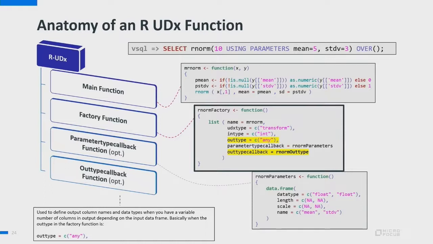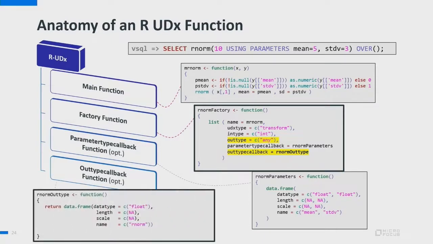As an output type, you specify any, and then you add the reference to your output callback function. The output callback function can define your output column. This is exactly the same single column that was defined previously. But if, for example, your UDX should return 2, 3, 4, 5 columns, depending on the parameters you're passing to your UDX, that is an excellent option.